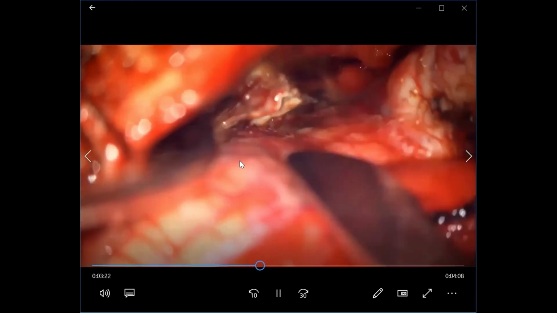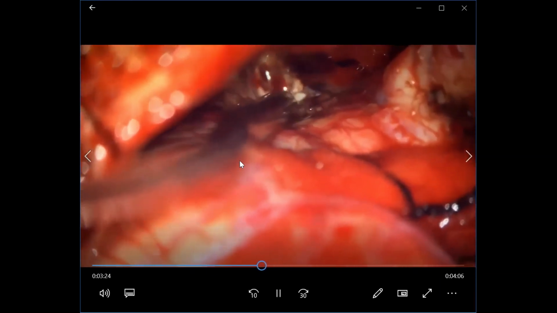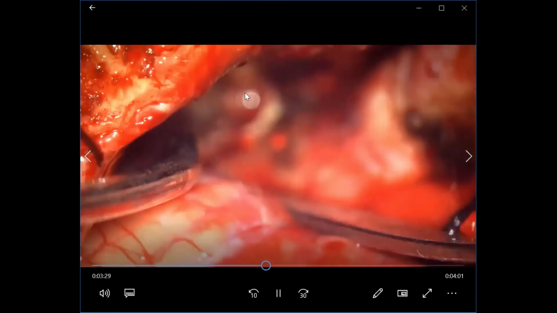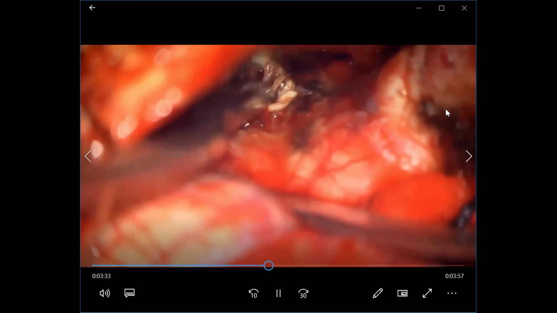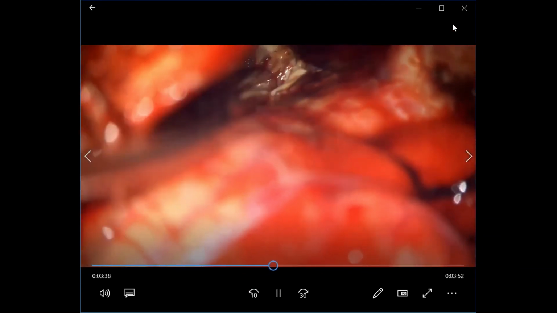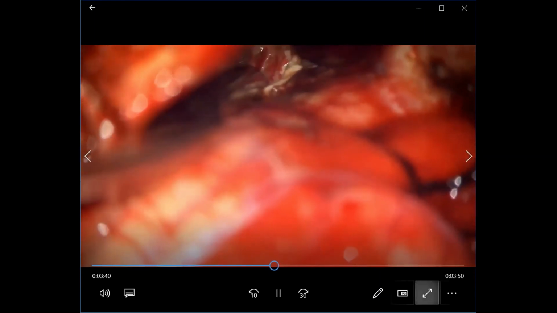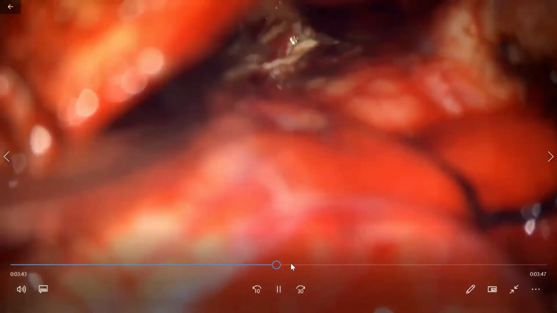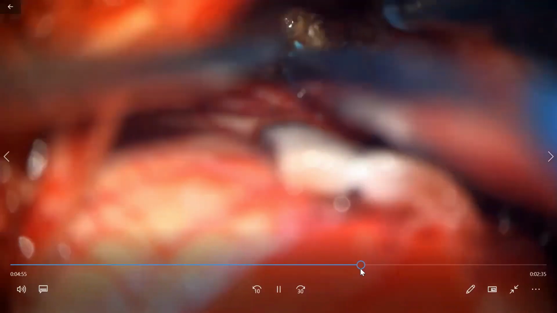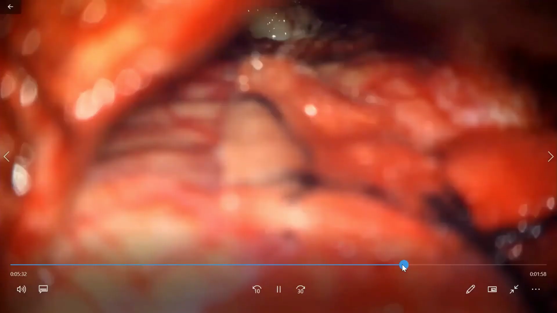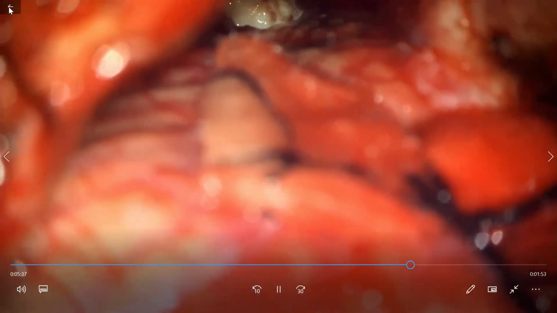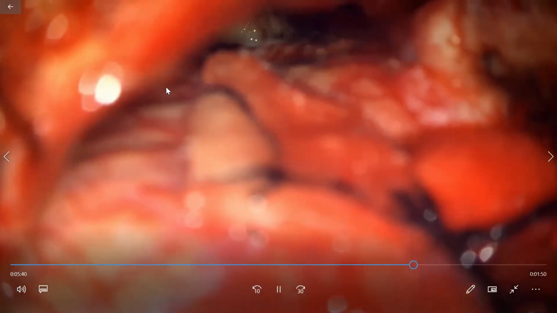When you retract the tentorial surface for access to a pineal gland tumor or a supracerebellar approach to a tumor of the cerebellum, you have to coagulate these veins very carefully. You can see my pointer. There's some coagulation here, and we have retracted the cerebellum, and now we are going deep into the tumor. The angle is important because it slopes upward, so you have to retract very carefully so you don't injure these veins.